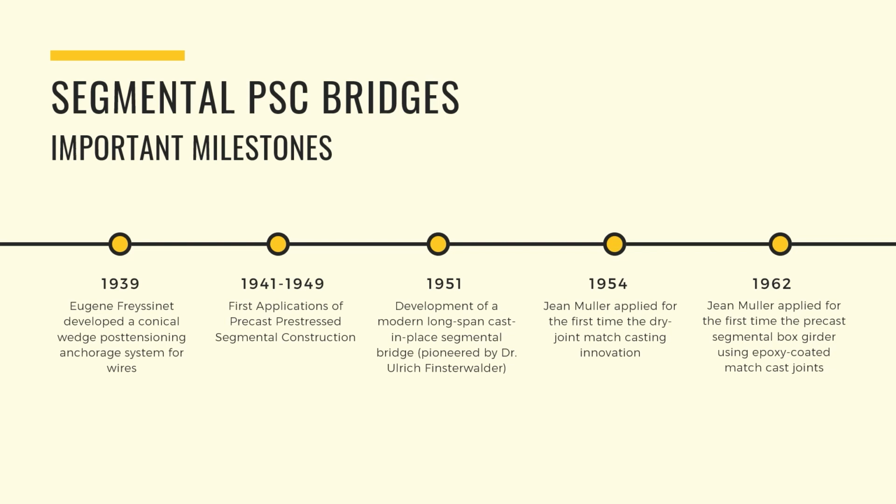In 1951, the modern long-span cast-in-place segmental bridge was developed. In 1954, the dry joint match casting innovation was applied for the first time, which was later followed by the application of epoxy-coated match cast joints in 1962.